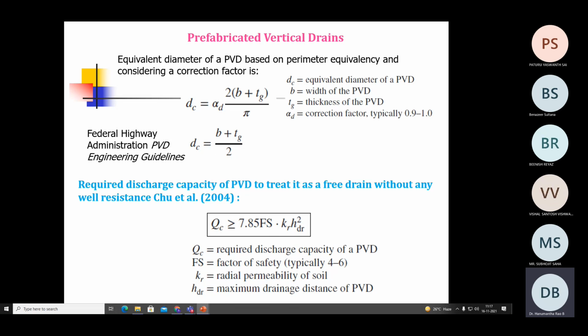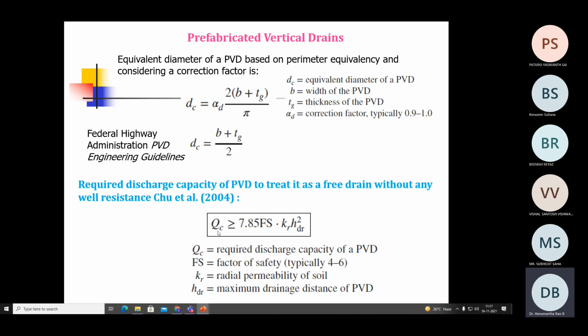Before we install the PVD in the ground, we need to ascertain whether the discharge with which it is able to dewater the ground is adequate or not. For that verification purpose, you can use this formula.